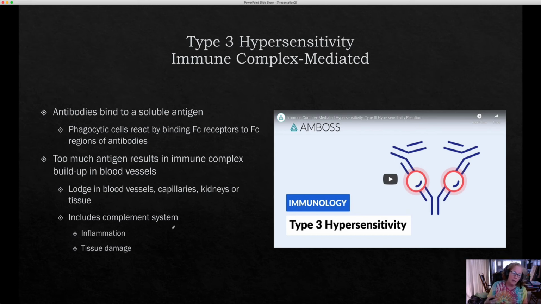Here, complement gets activated because of these excess antibodies and these complexes, and then we start to see inflammation and tissue damage. That complex inflammatory response is a really potent response. So if I have an immune complex, it's just going to keep activating. Once I start activating C1, it just follows that cascade, and we start to see all of those inflammatory reactions.